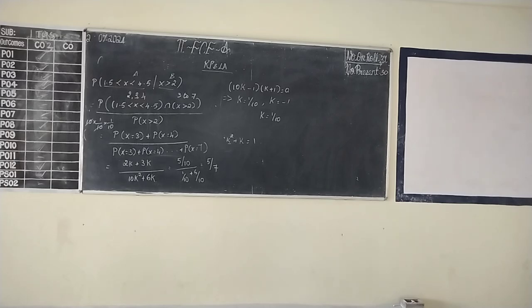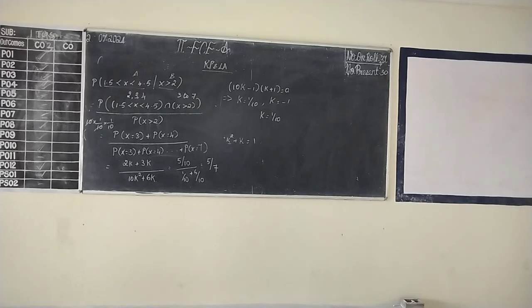You have to find lambda number. Is it the corresponding x value or probability value? X value. You have to identify a minimum value of x such that the probability value will be greater than 1 by 2. Minimum value of x. How will you find it?